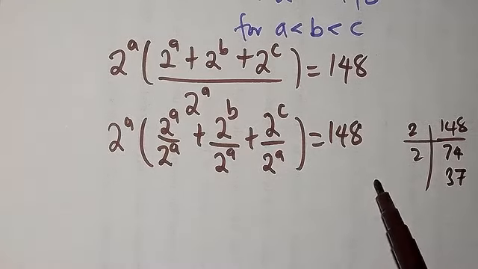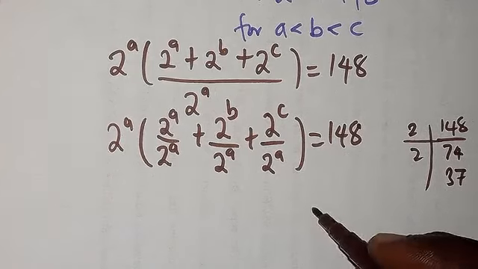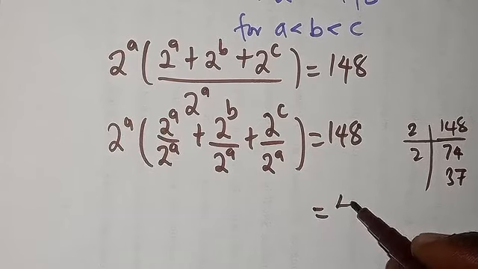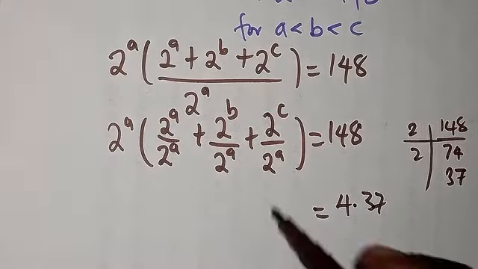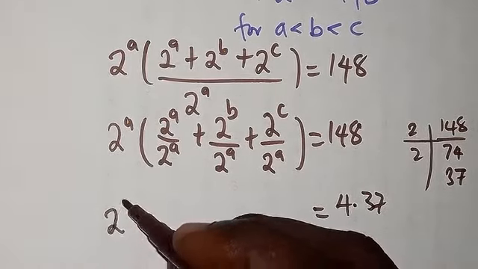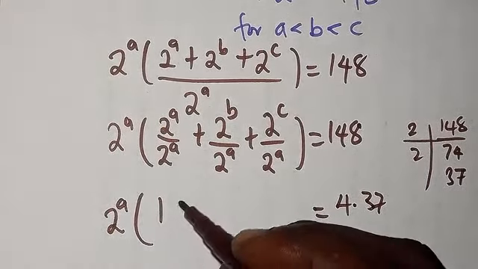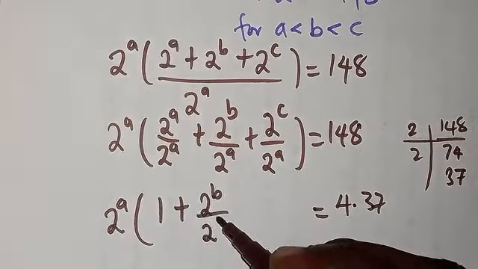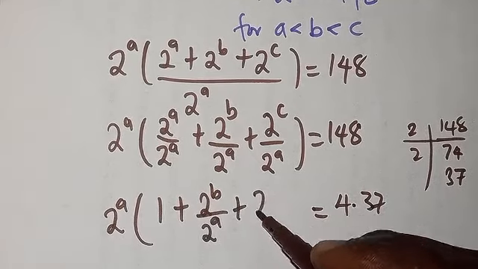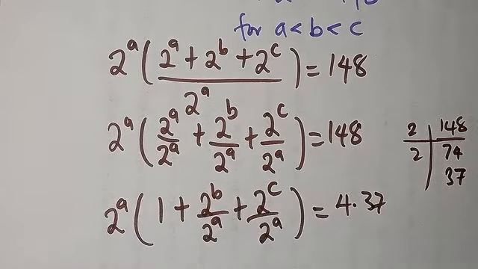So therefore we want to split this one into even and odd numbers. So that's going to be 2 times 2, we have 4, multiplied by 37. That is 148. So here we have 2 to the power a, then 2 to the power a divided by 2 to the power a will give us 1, plus 2 to the power b over 2 to the power a, then plus 2 to the power c over 2 to the power a, then close the bracket.